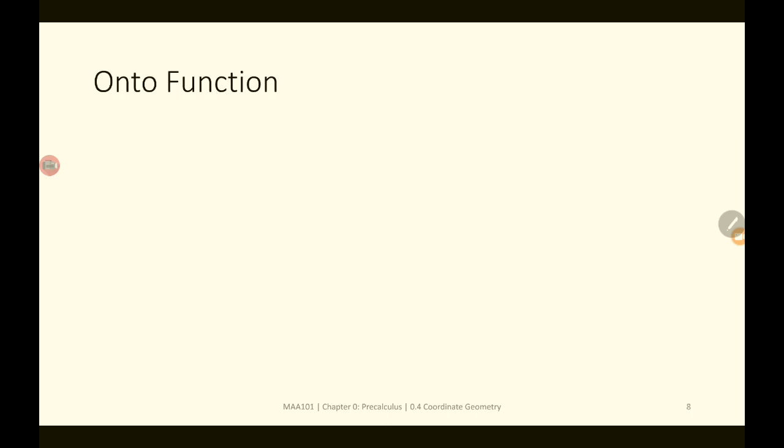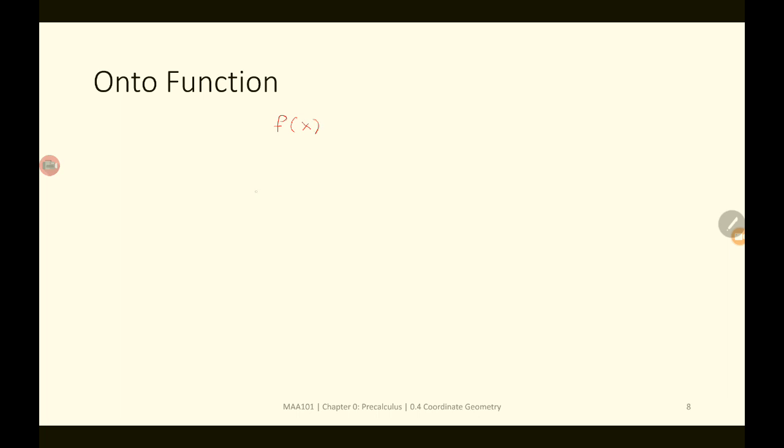Okay, so onto functions. Onto is a little bit complicated, so I'm just going to explain the concept to you, but I'm not going to ask you to prove this during the exam, just so that you can understand what's going on. Suppose that we have a function f of x.